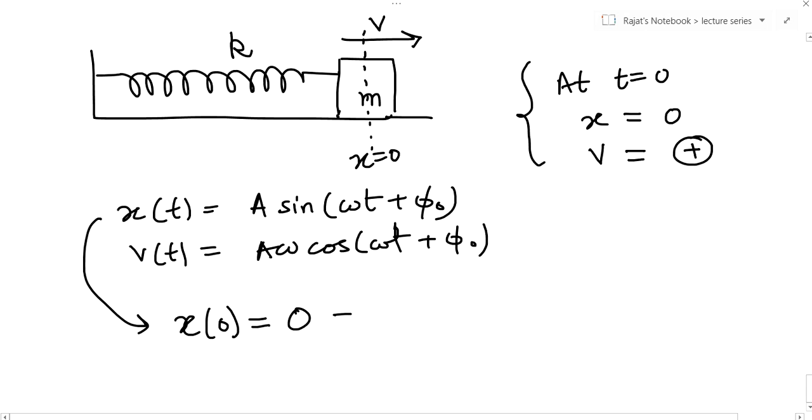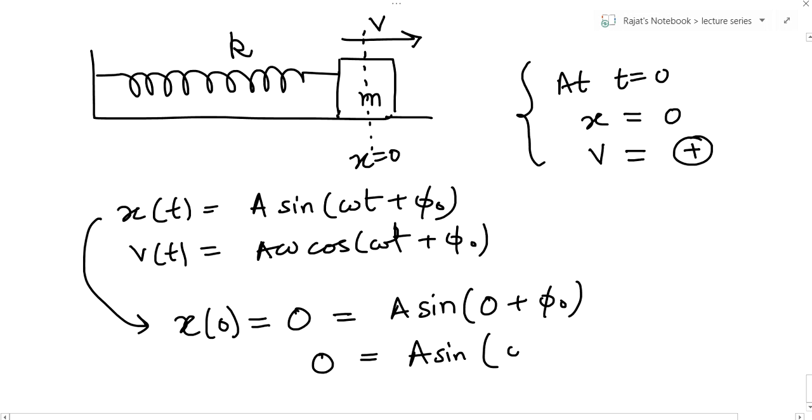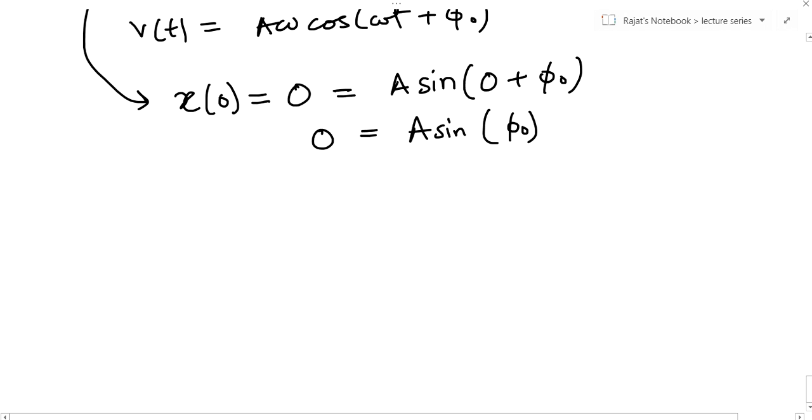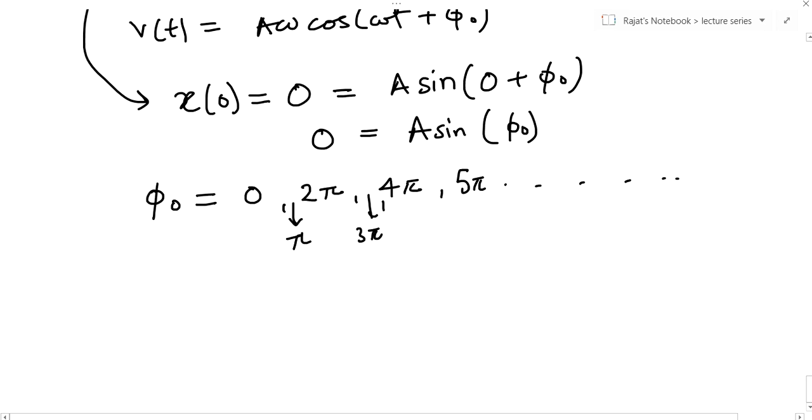So x0 is equal to 0 is equal to a sine(0 plus phi naught). So 0 is equal to a sine phi naught. From this equation I get that phi naught can be either 0, pi, 2 pi, 3 pi, 4 pi, 5 pi, and so on and so forth.